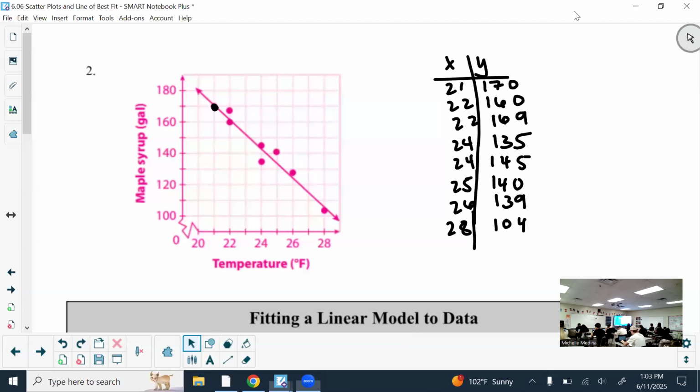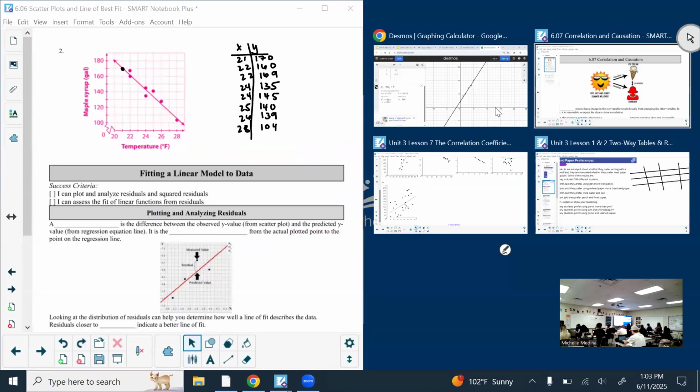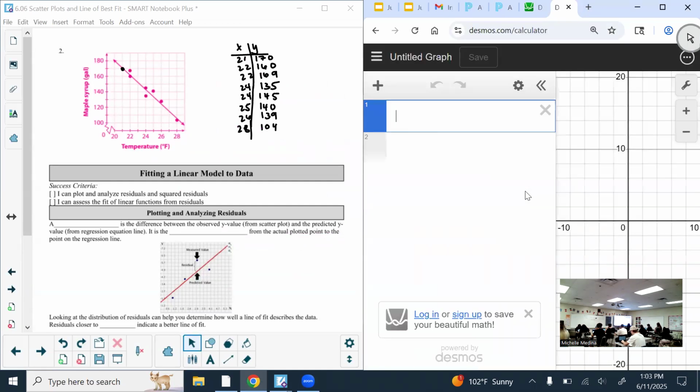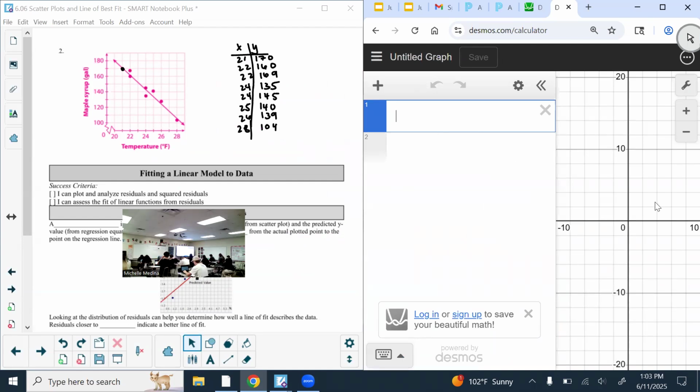So tell me, as if I didn't already know how to plug this into Desmos. Caden, what do I have to press first? What did you say? What do I press first?